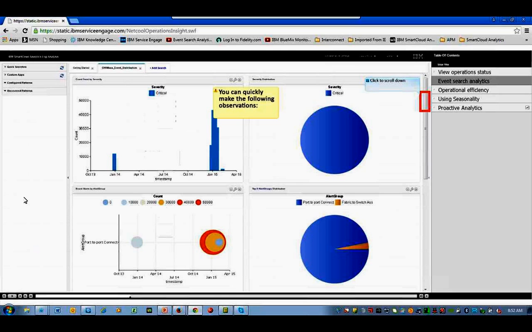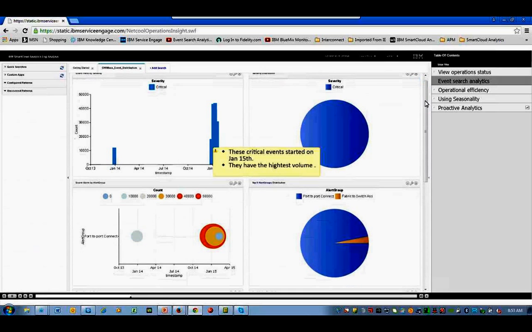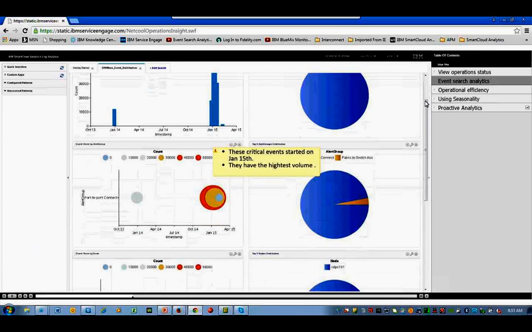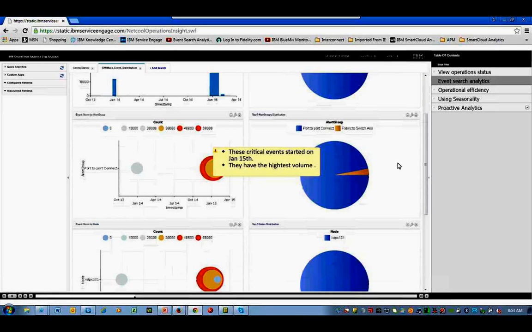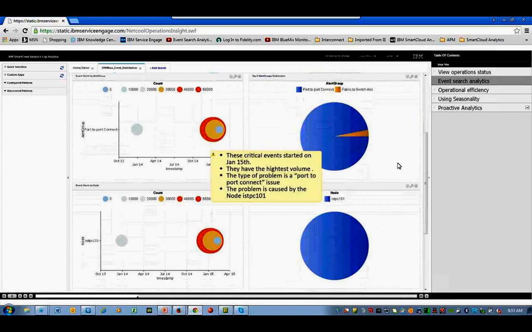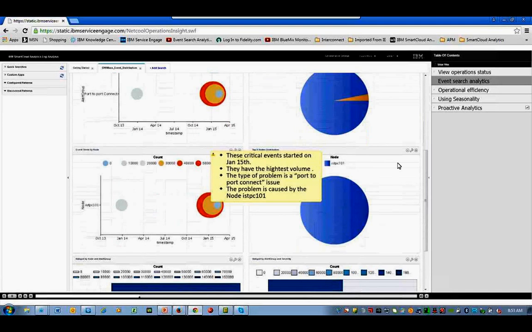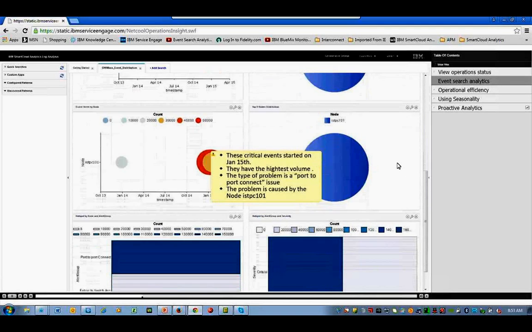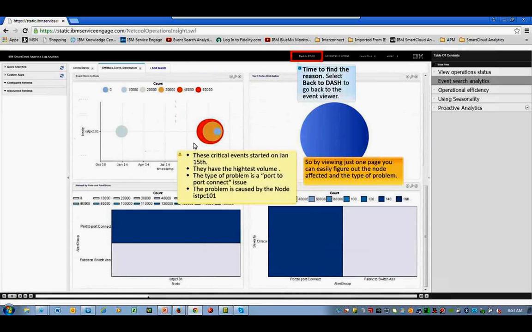They had some previous year around the same time, but here you'll see around January 15th is where the majority of these are coming through. If you analyze these events, I'll scroll down here. This is a standard event distribution display that you can use across any of these event views. You can see that there is a pooling around certain ports and a certain node within each of those events.